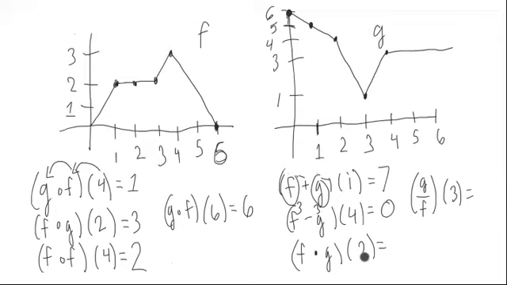Okay, let's go to the next one. Since this is times and not circle, we're going to just plug the 2 into both of them. So here we take 2, goes into g and outputs 4. 2 goes into f and outputs 2. So we have 2 times 4 is 8.